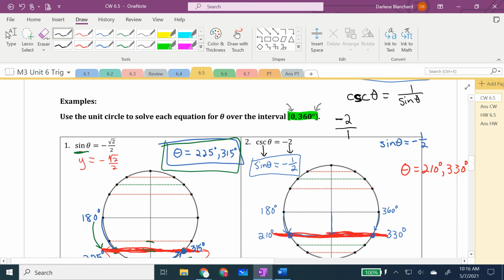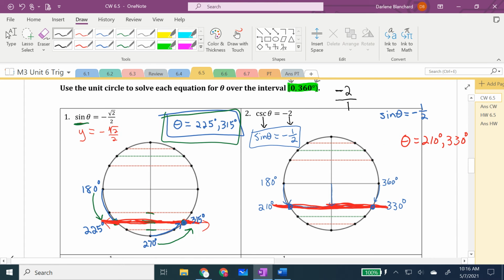And then for negative 1/2, that is the first y coordinate down. And when you're using sine, you want to draw horizontal lines. And now you're looking at 30 degrees beyond 180 and 30 degrees before 360. And you get your two answers. So that's working with sine and its reciprocal function.